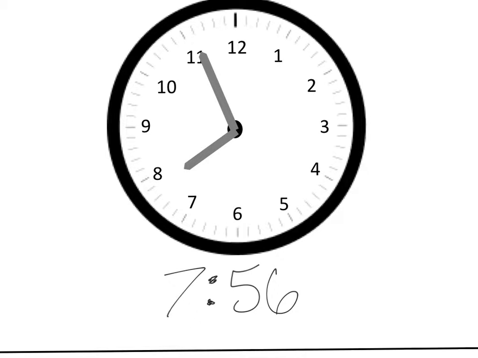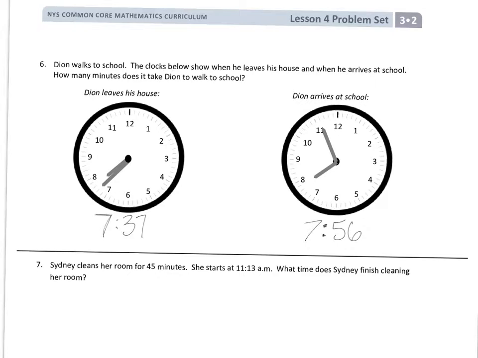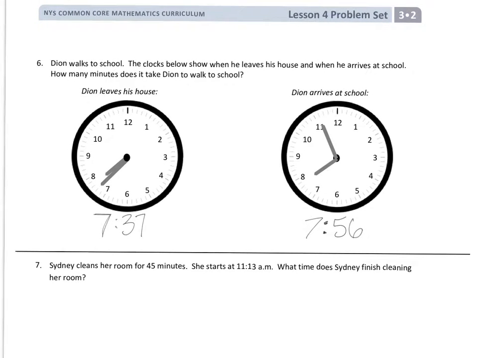So 7:56. Now we need to figure out how many minutes it took Dion to walk to school. So we don't always have to use a number line to figure out how much time it took. We can actually use a subtraction problem.